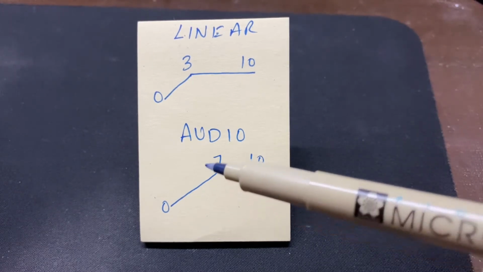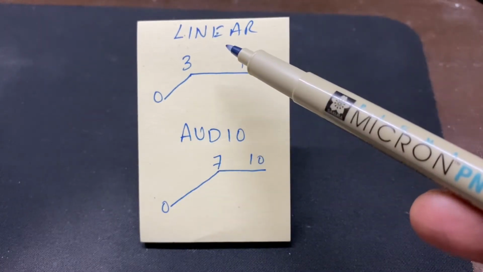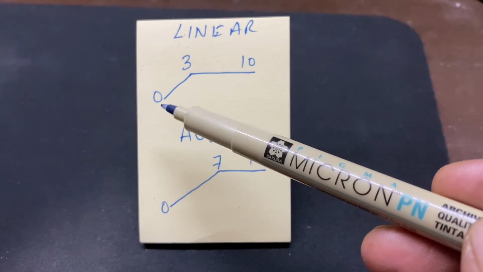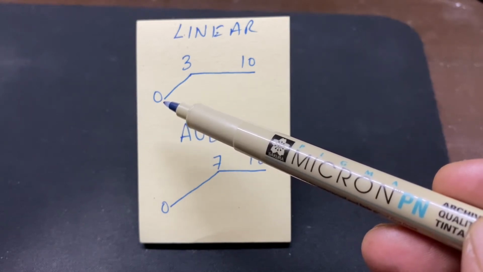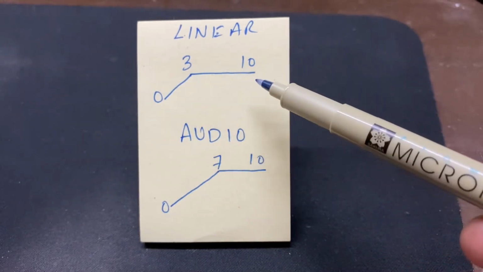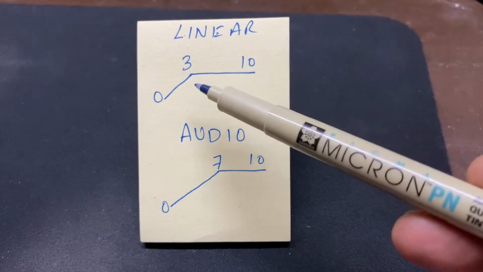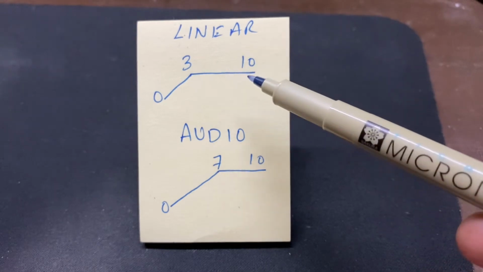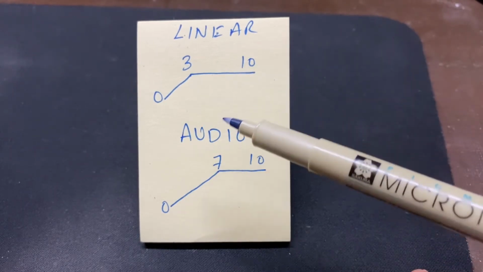So imagine if you had a linear potentiometer as a volume control in your guitar, it would do its maximum between 0 and 3, and then after that it would just flatten out. There would be no effect from 3 to 10 on the volume knob.